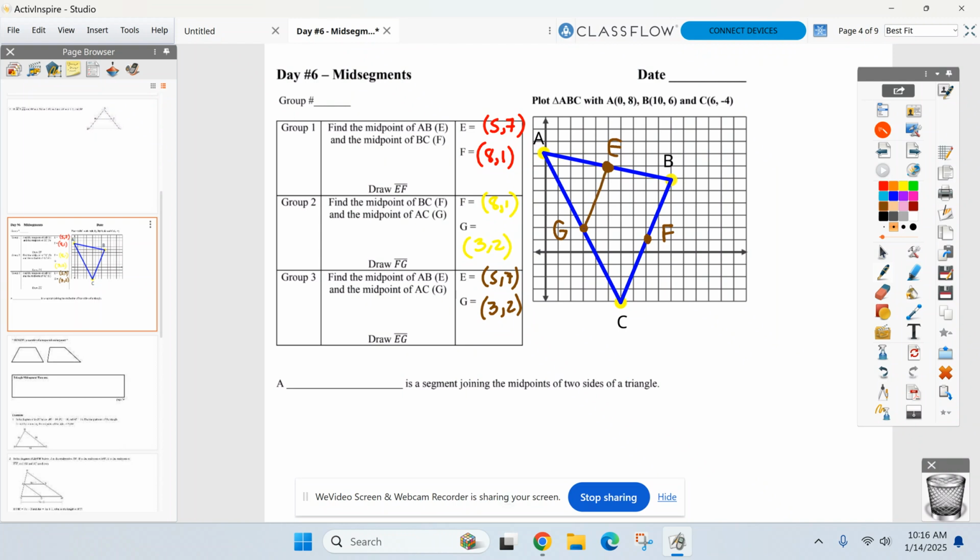I don't want to connect the other two. I can just connect GE for right now.